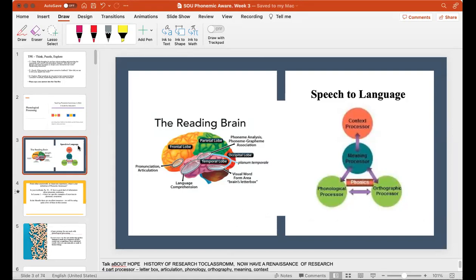That is the term that was coined by Stanislas Dehaene. He's the neuropsychologist in France who's done such excellent work about the circuit of learning to read in the left hemisphere of the brain. So the visual word form area, that part of the brain, is related to the eyes.